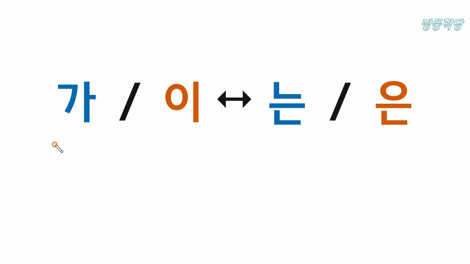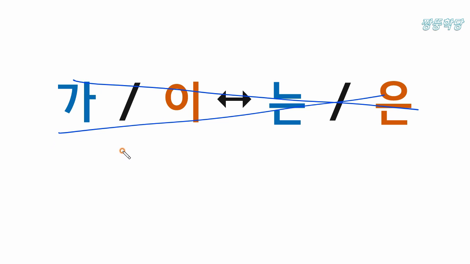If you don't know which one is right for the indicator, then just don't use the indicator. Forget it. Just say the subject. Just speak out the word. Even though you don't use the exact indicator for subject, we can understand what you are saying because Korean is our mother tongue.